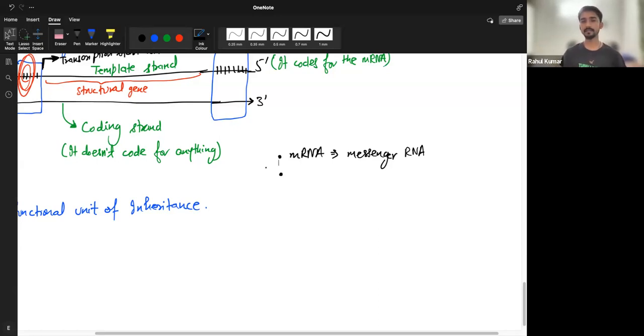Okay. And that part is called translation, which we will be studying next. So messenger RNA is the RNA that has the capability to carry this message, go to ribosome, and this message gets read by the ribosome and a protein chain is produced.